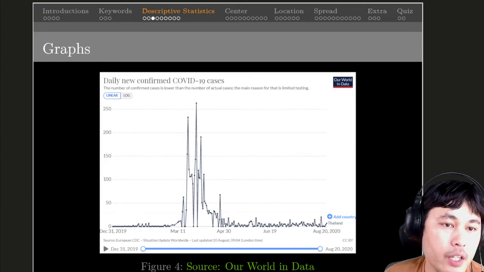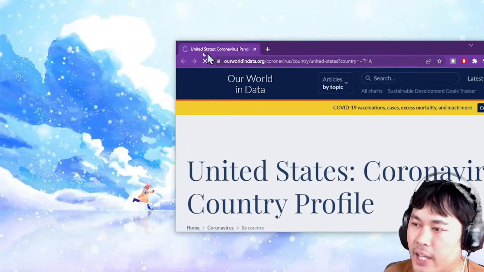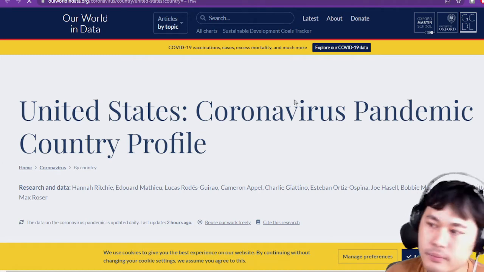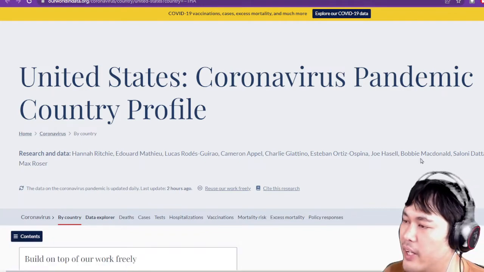So let's see if I can open that thing real quick. Okay, there it is. So what we have here is the United States coronavirus pandemic country profile.